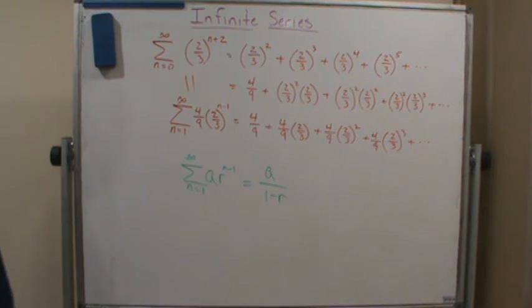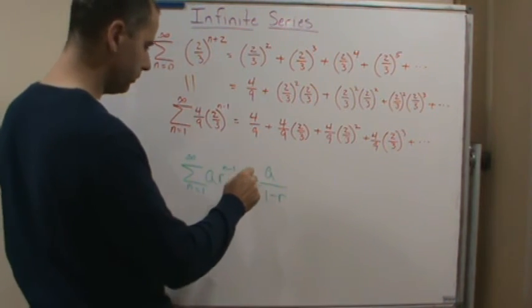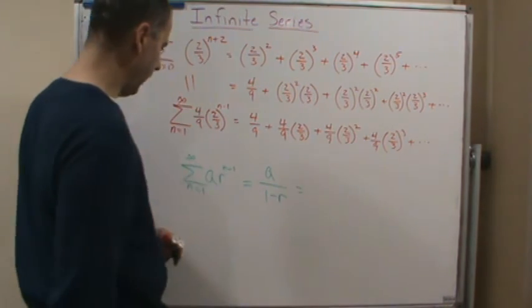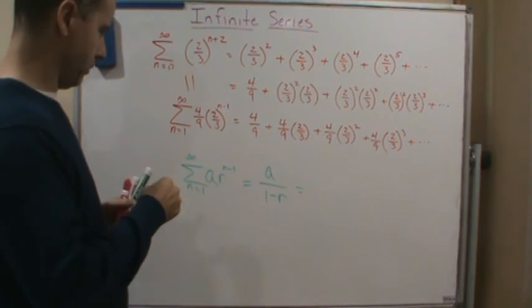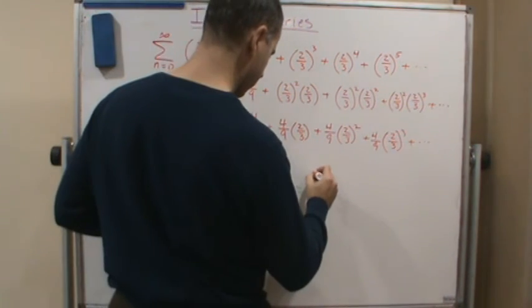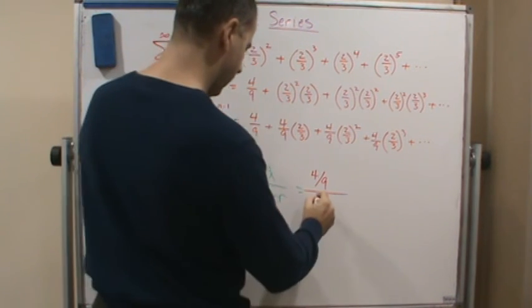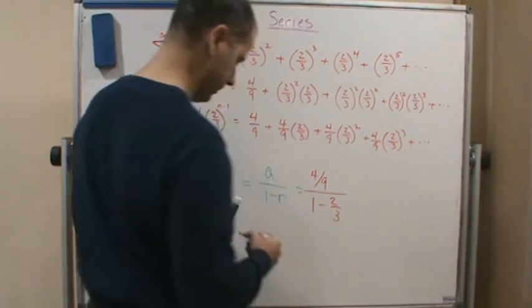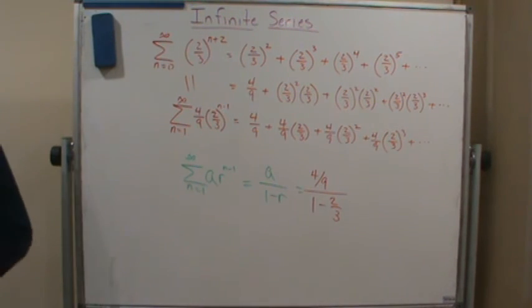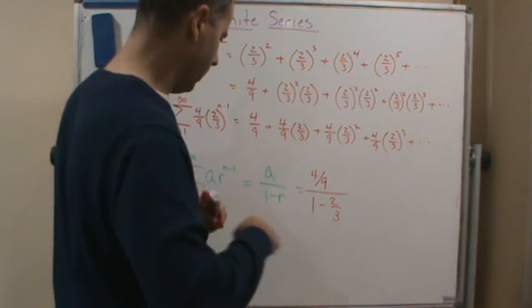Okay, so again, in this case, A is 4/9 and R is 2/3. And now we simplify this, because we don't want to leave it in this form.